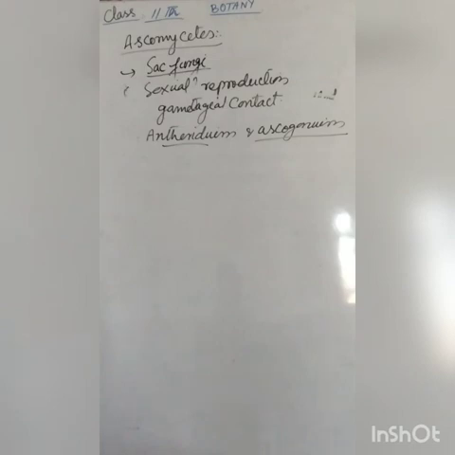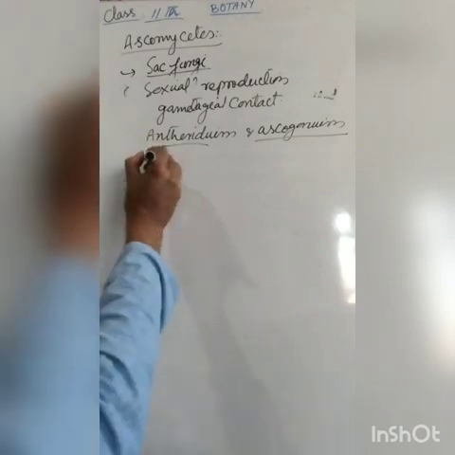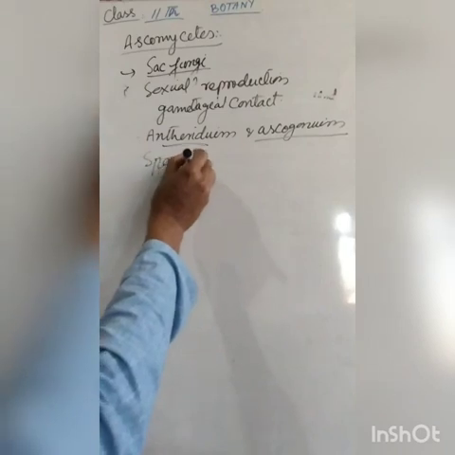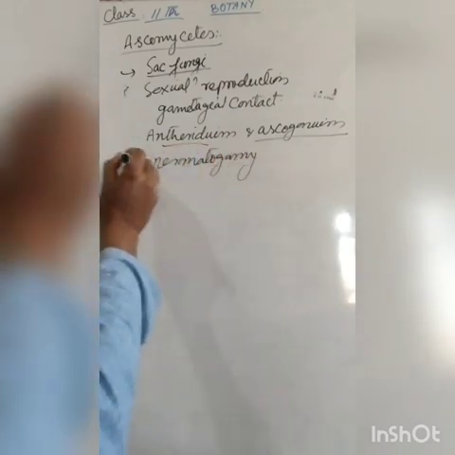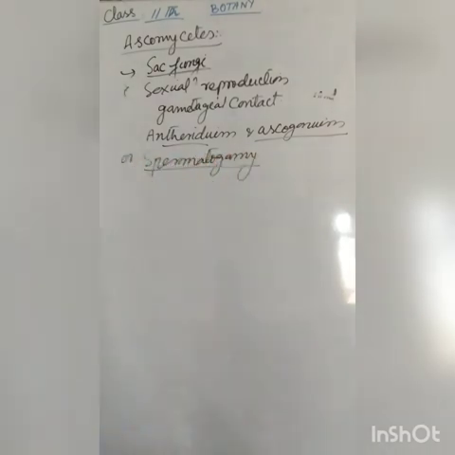Somatic cell fusion is called spermatogamy. There are rounded male cells, called spermatia, and female gametes, which are simply the hyphae.